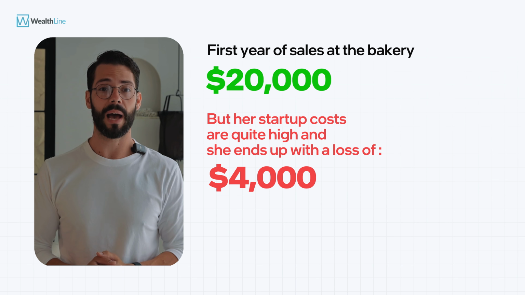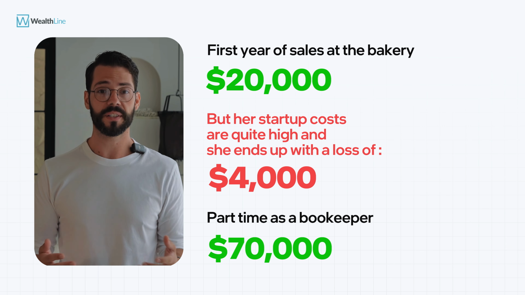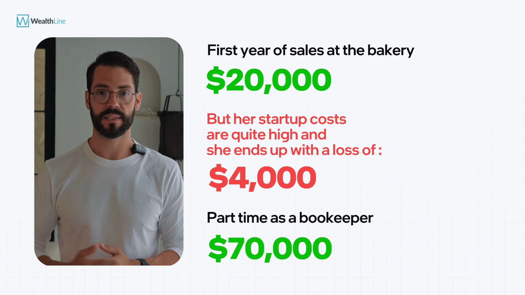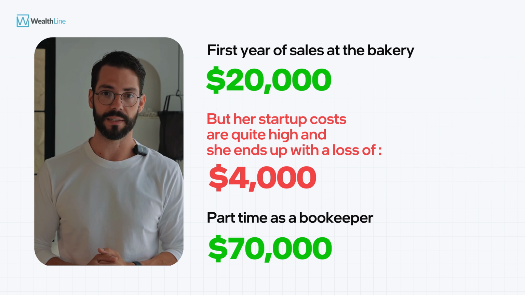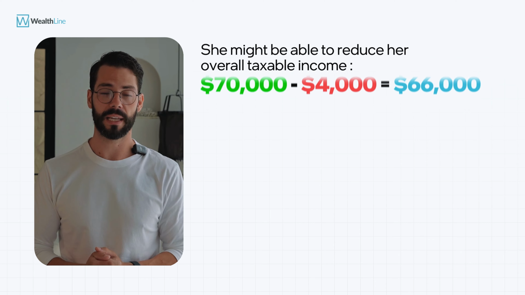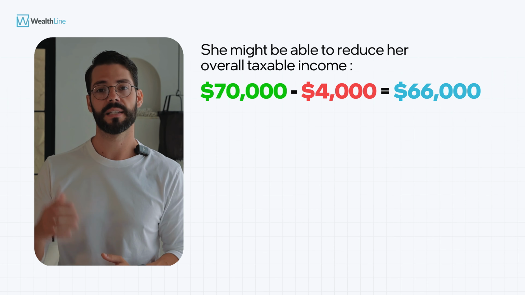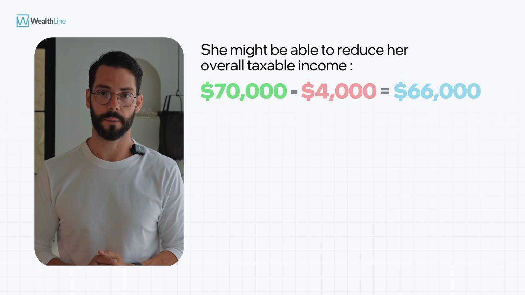Because she also works part-time as a bookkeeper and earns $70,000, she can offset her business loss against her salary, assuming she meets the ATO rules as a genuine business. This means that she might be able to reduce her overall taxable income from $70,000 to $66,000, lowering her tax bill in that first year.